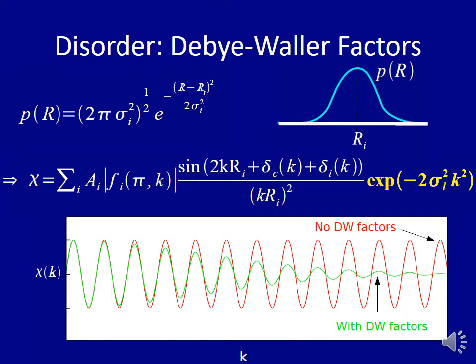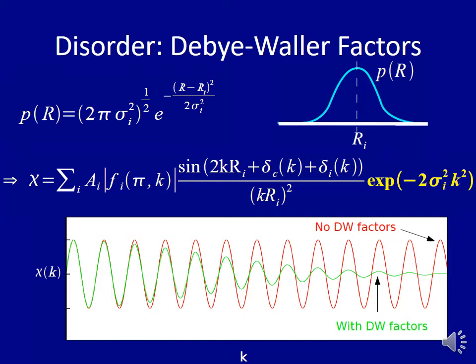And this causes a damping factor on the contribution from that particular path. And if you model the probability distribution of path lengths with a Gaussian, then you find that the damping factor is e to the minus 2 sigma squared k squared, where sigma squared is the mean square relative displacement of the path in question. And so that's basically the width of the probability distribution squared.